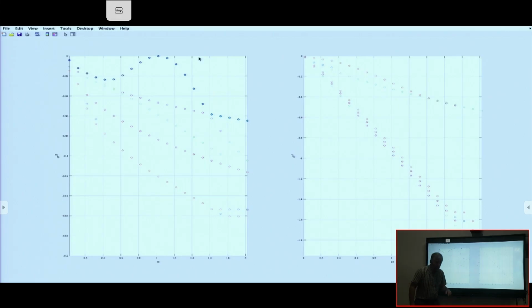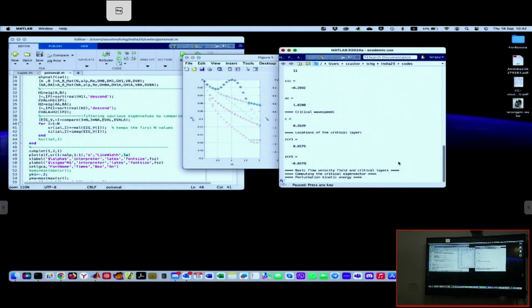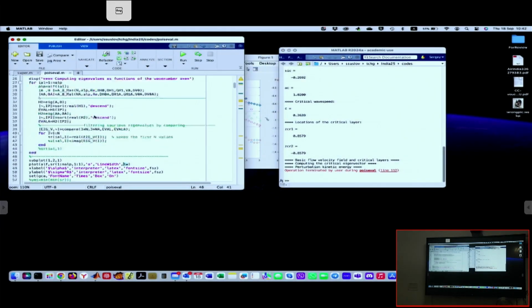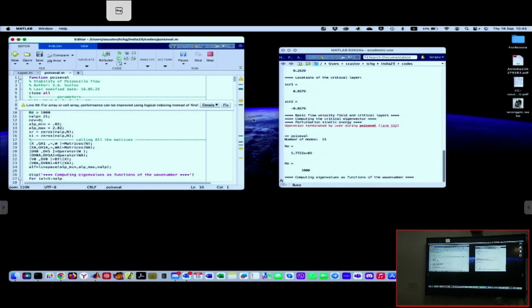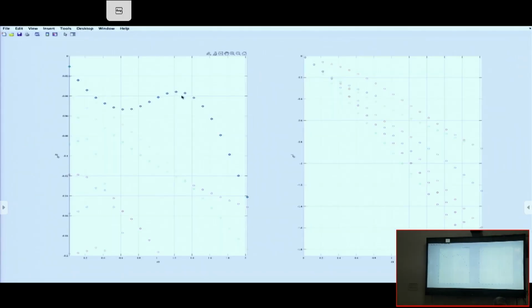And if I choose the value of Reynolds number larger than that, you can see 5.7212. If I choose Reynolds number smaller than that, like 1,000 for example, I still see the maximum here, but it is well below zero.